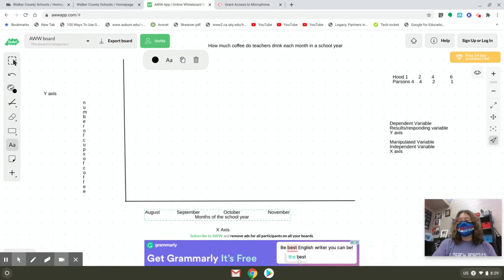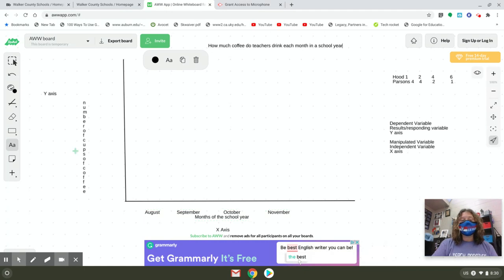In order to get full credit for your graphs in this class, your graph must have a title. You must have the axes labeled with the units of measurement. So over here, the unit of measurement is cups. We are measuring the number of cups of coffee. Down here, the unit of measurement is months. It is months in the school year. Make sure you include your unit of measurement or you will not get credit.